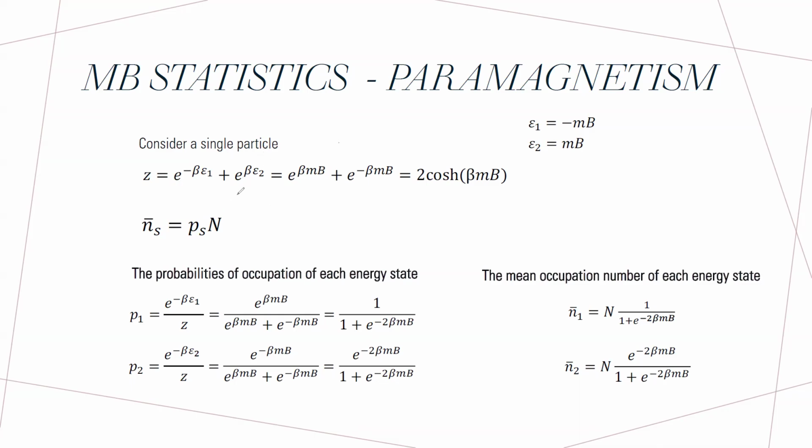So Z, the partition function of a single particle, is equal to exponential of minus beta epsilon 1 plus exponential of minus beta epsilon 2. So epsilon 1 is equal to minus mb, epsilon 2 is equal to positive mb. Therefore, we can calculate this, and this is equal to 2 times hyperbolic cosine of beta times m times b.